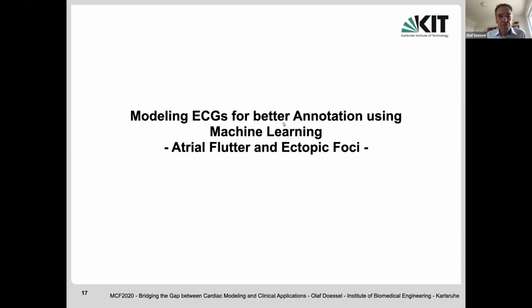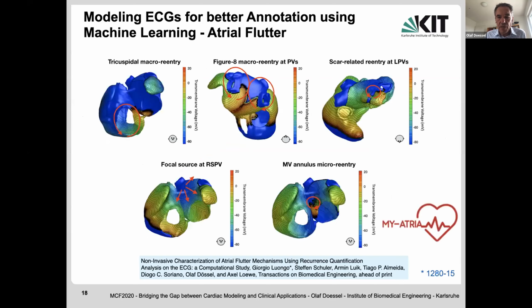The modeling of ECGs for better annotation using machine learning is the next topic of my talk. And I will only show you one slide about atrial flutter. It's part of the myATria project, and it has been published in the Transactions on Biomedical Engineering lately.